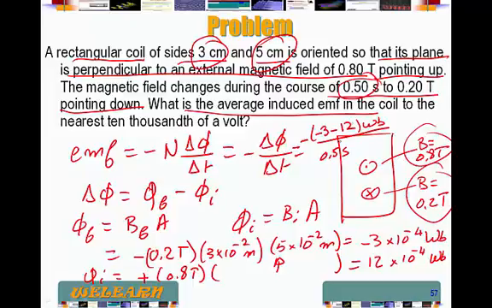So minus minus 15 over 0.5, so that should give us 30, and then we have the 10 to the minus 4. So it's 30 times 10 to the minus 4 volts. So that's our answer.